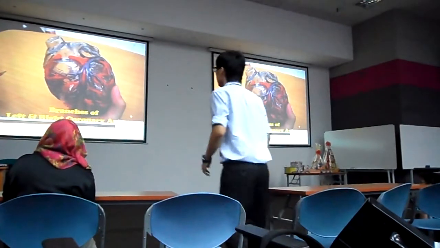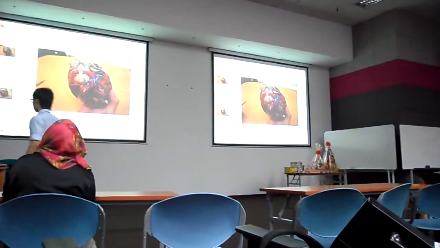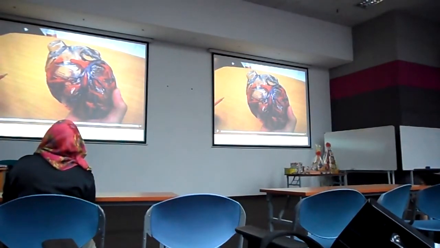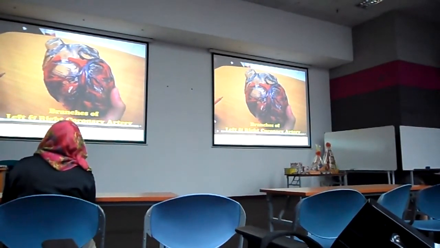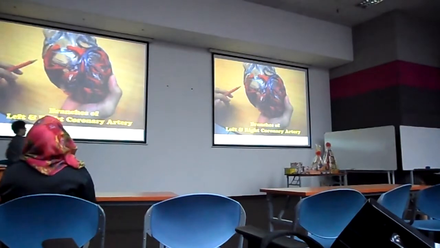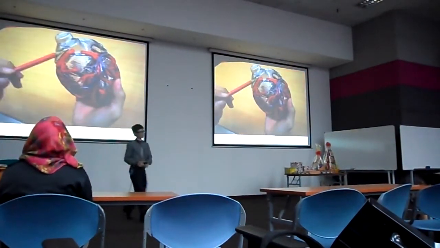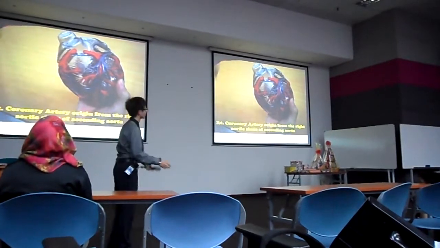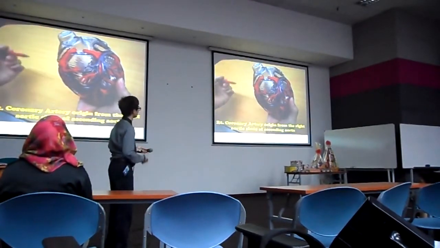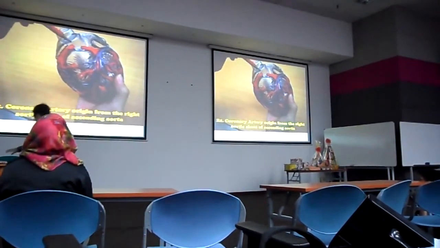In this video, I will show you the branches of the left and right coronary arteries. First, we will go to the right coronary artery. The right coronary artery originates from the right aortic sinus of the ascending aorta.